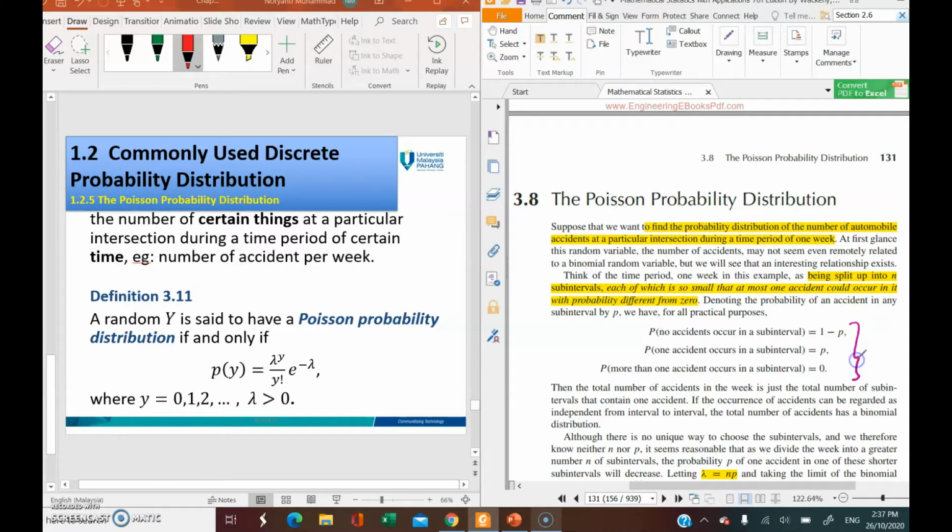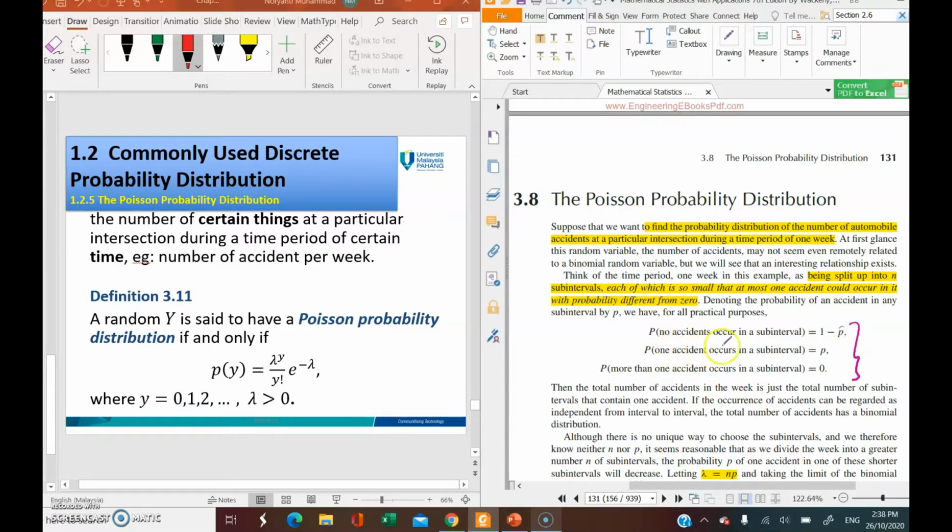First, the probability of an accident in any sub-interval is P. So the probability that no accident occurs in a sub-interval is 1 minus P, because P is the probability of an accident happening.